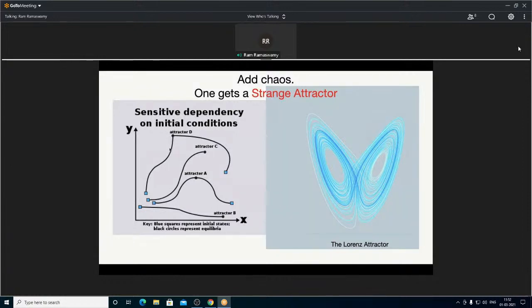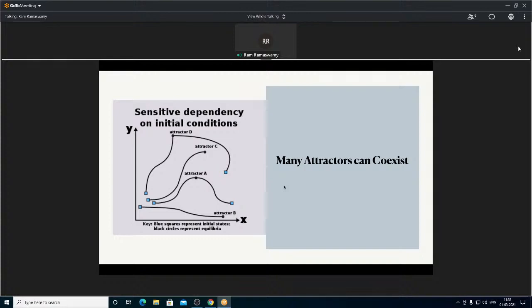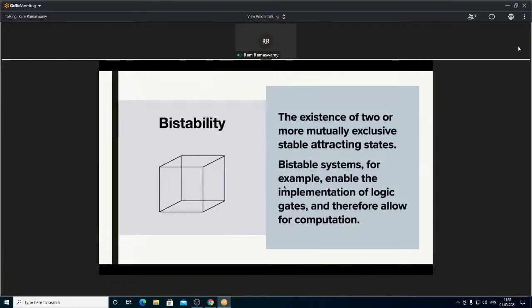If I just schematically show that I have attractor A, attractor B, attractor C, etc., one set of initial conditions might go to attractor A, another set will go from somewhere else also to attractor A. Another initial condition may go to attractor B or to C or to D and so on. Okay? So it's very important not only to know what the attractors of the system are, because many attractors can coexist.